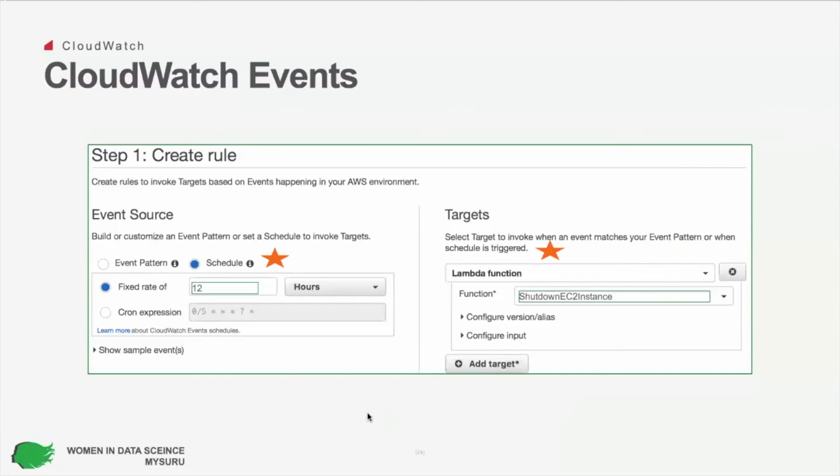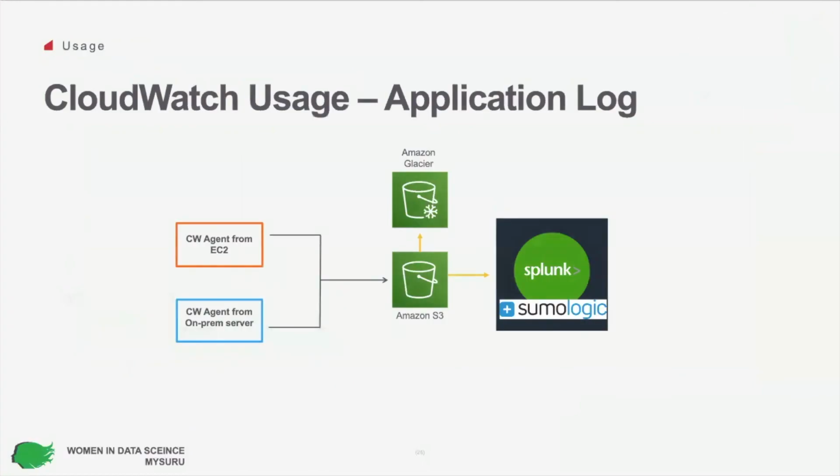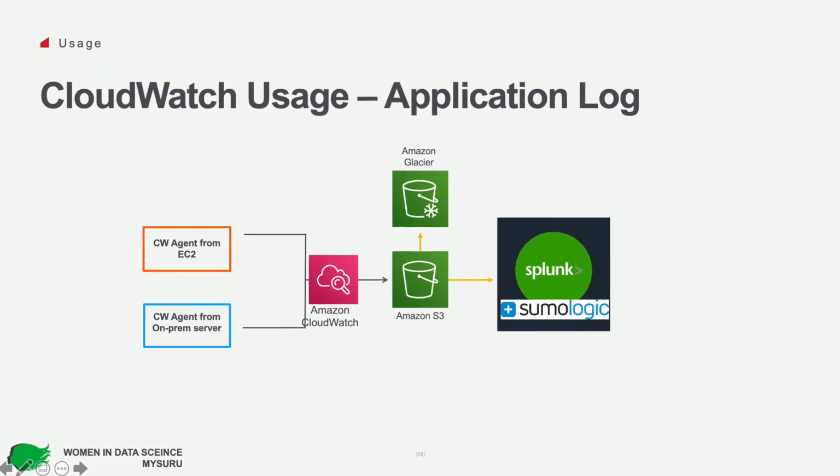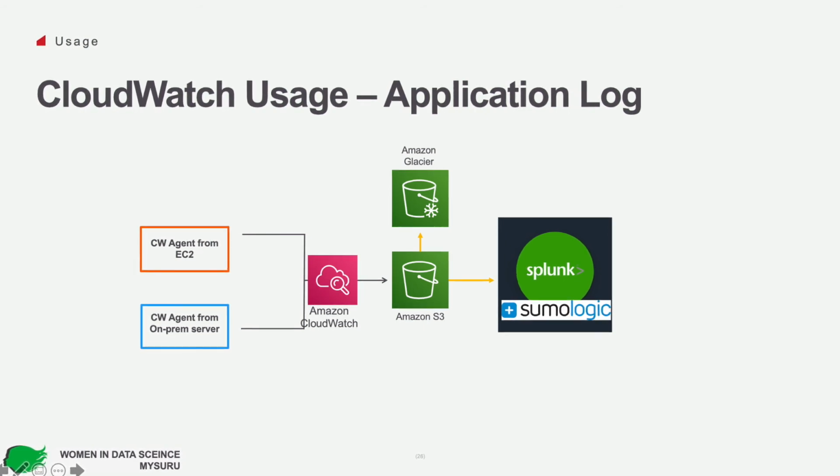So in a nutshell, how do you monitor AWS resources and applications hosted on EC2 instances or on-premise servers? It is all about Amazon CloudWatch. Coming back to practical usage of CloudWatch, in terms of application logs, you can send the application logs from the CloudWatch agent on an EC2 instance or from the on-premise server.